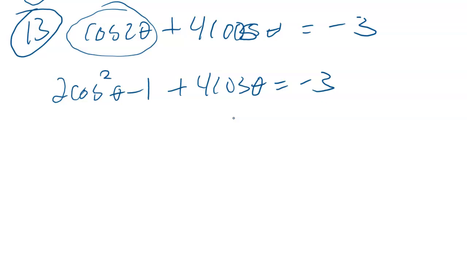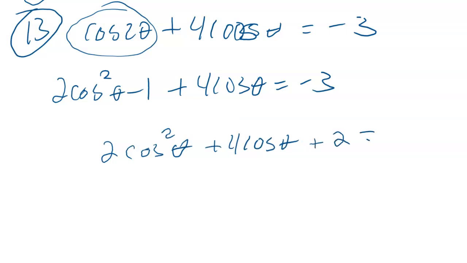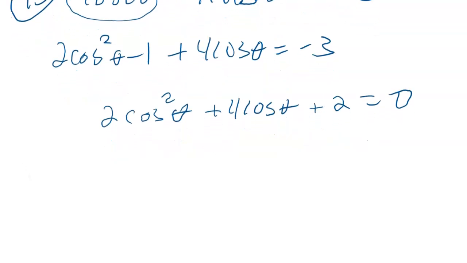I'm going to set it equal to 0. 2 cosine squared theta plus 4 cosine theta, and I believe this will turn into a positive 2 equals 0. Let's see if I'm doing this right. I feel like just dividing everything by 2 on both sides, why bother with bigger numbers? So cosine squared theta plus 2 cosine theta plus 1 is equal to 0.